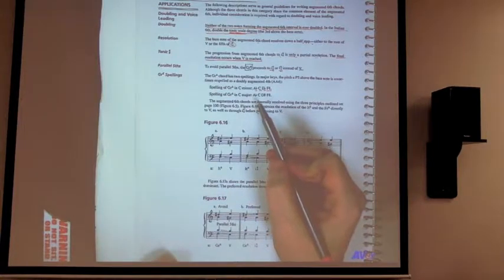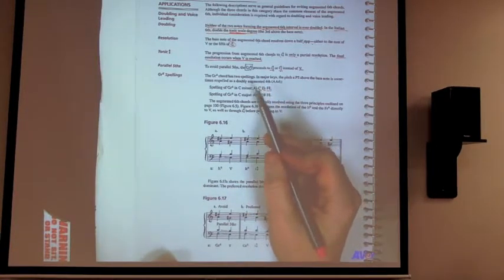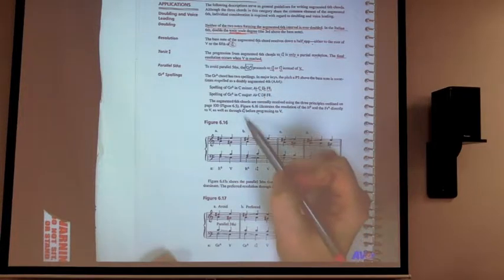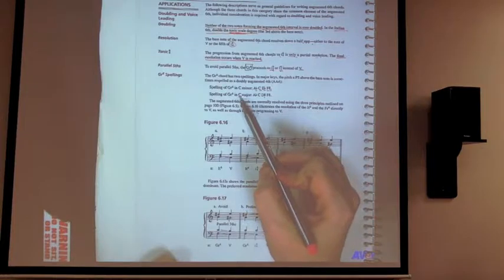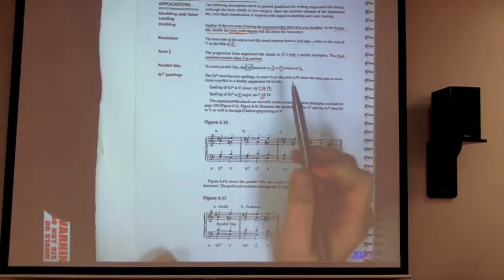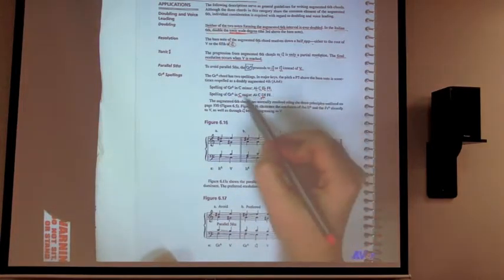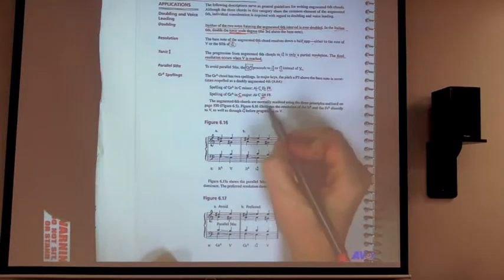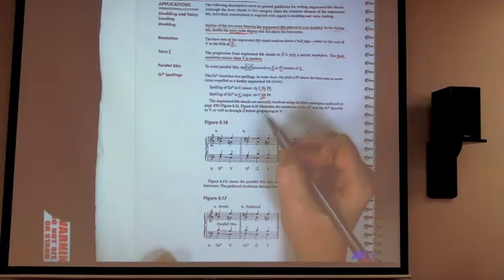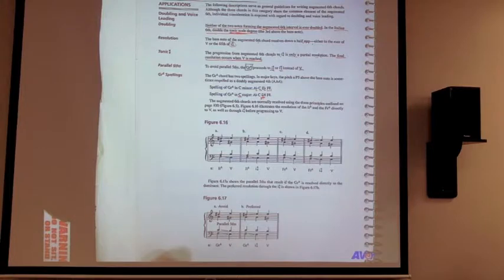Now you don't have to do it that way, but sometimes it makes more sense for someone reading the music. It's easier to read that E flat than it is the D sharp. Now, if you're spelling it in C major, this D sharp is going to be read as D sharp instead of E flat, okay? So in C major, you're going to do an augmented 2nd from C to D sharp rather than a minor 3rd from C to E flat.